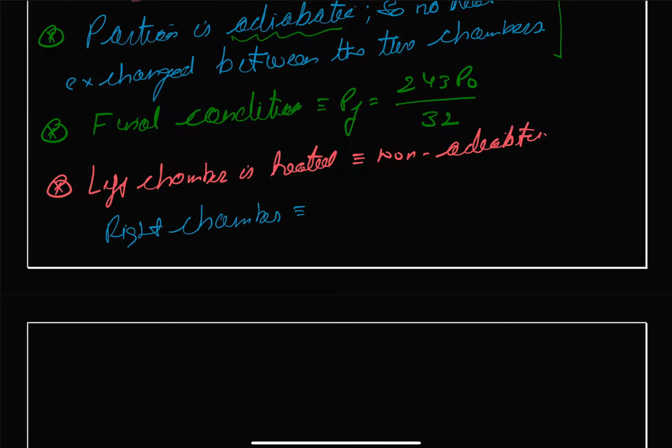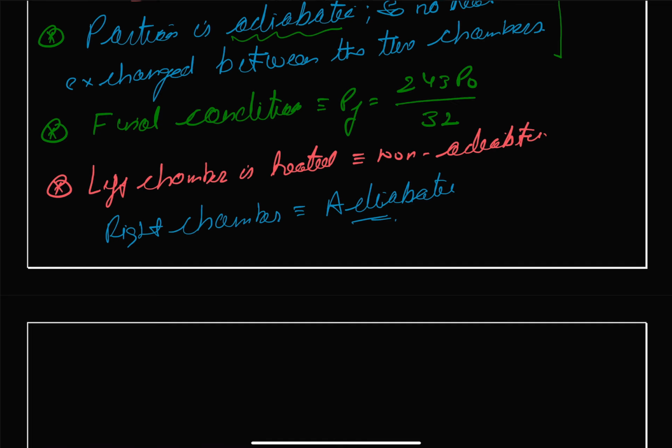Right chamber is adiabatic. And in this case we have to remember that the size of the box is fixed. So if the size of the box is fixed, its total volume will be fixed.